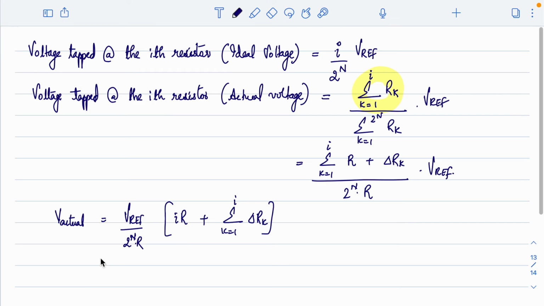Or if I further break this up, I can write it as I into, I am just opening this bracket, so I into V ref divided by 2 to the power of n, because R and R will cancel, plus V ref divided by 2 to the power of n into R into the summation term k equal to 1 to I into delta Rk.